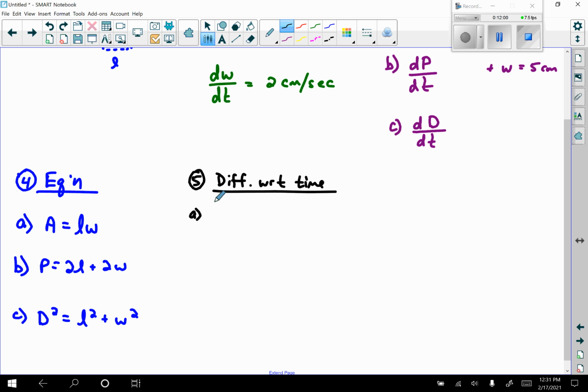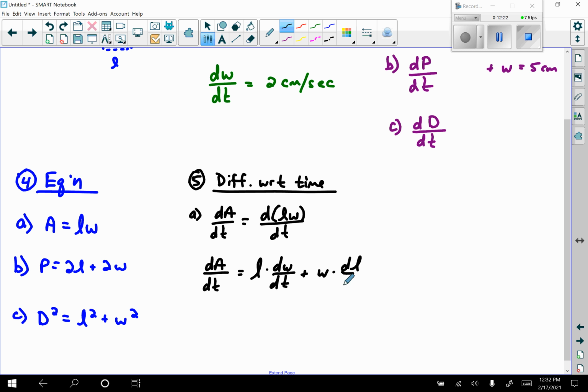Now step 5, we're going to differentiate with respect to time. So for A, dA over dt is going to equal the derivative of our length times width over dt. So dA over dt is going to equal, again, uv prime, so it's going to be L times dW over dt plus W times dL over dt.